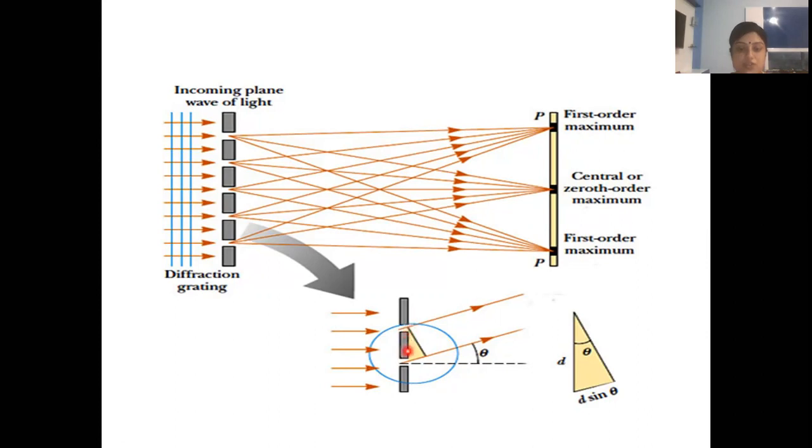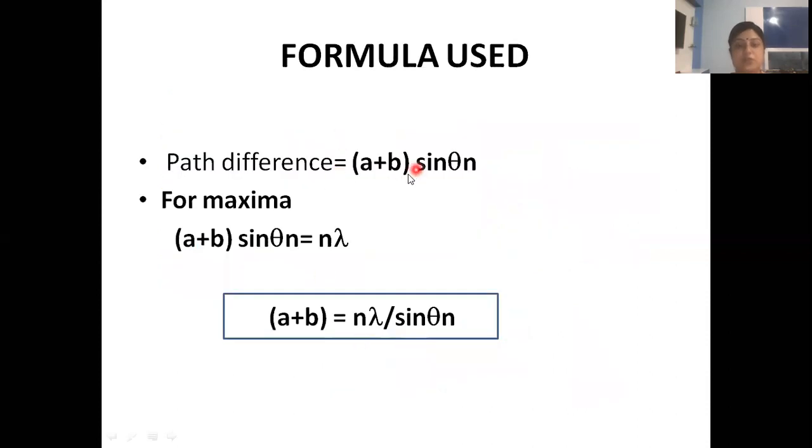So the total width will be b by 2 plus a plus b by 2, so it will be a plus b, and this path difference will be equal to a plus b sine of theta. So the path difference between two rays comes out to be a plus b sine theta, where theta is the angle of diffraction.